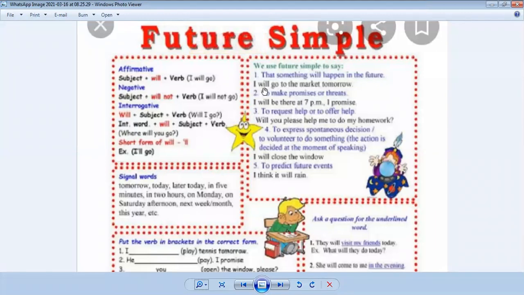For example, I will go to the market tomorrow. Or to make promises or threats. For example, I will be there at 7, I promise. Or to request someone to help or offer help for someone. Will you please help me to do my homework?